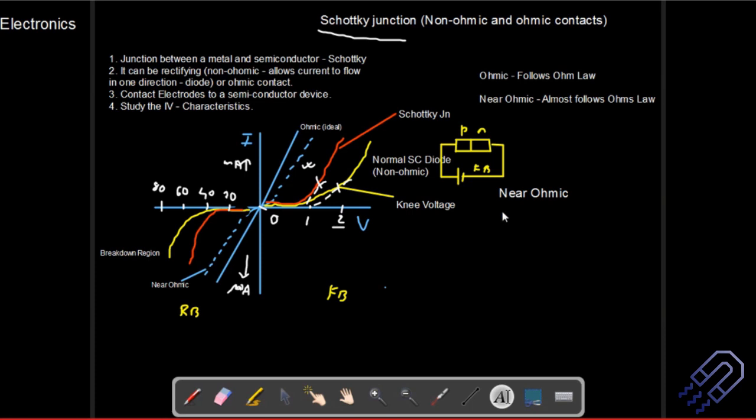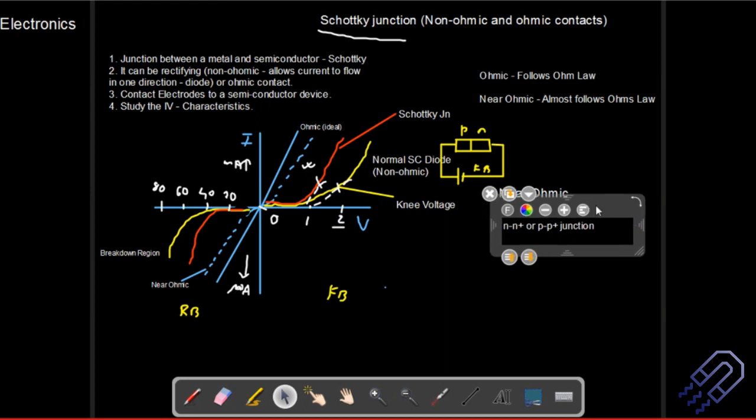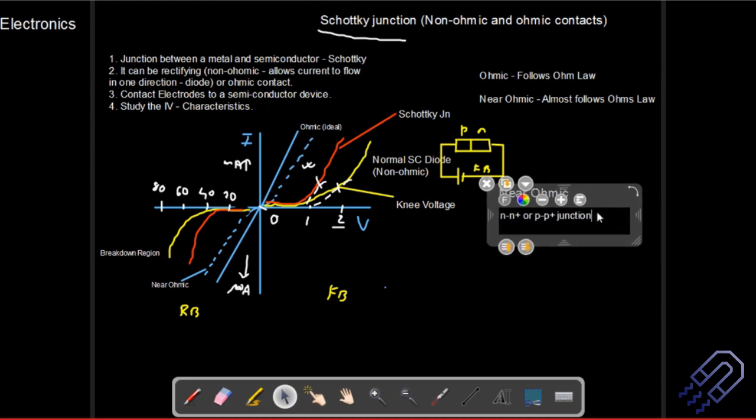You can actually have an n plus system. What we have here is nothing but n plus. I'll tell you what n plus is if you don't know already. And p plus. This is important: the n plus p plus junction.